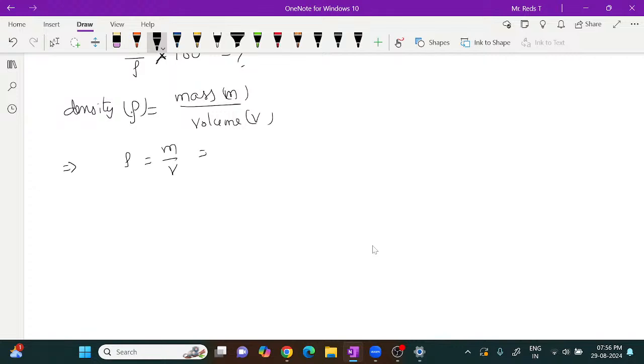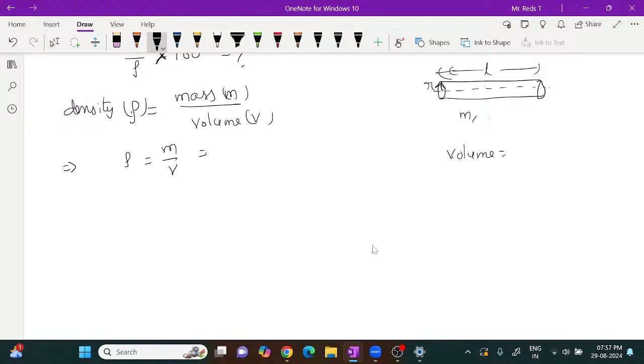Mass is given and error in mass is given, but volume is not given. Some other terms like radius and length are given. This is a wire having mass, radius and length. Radius being given means the cross-section is circular, so it is in the form of a cylinder.